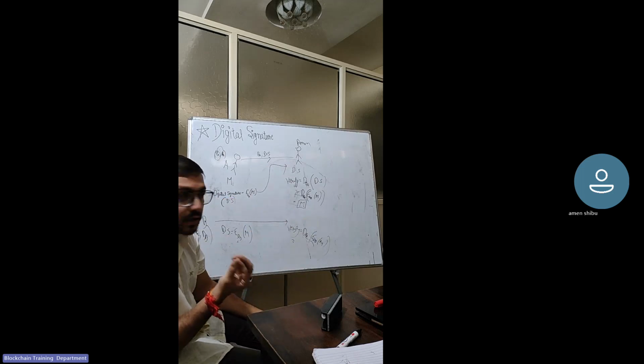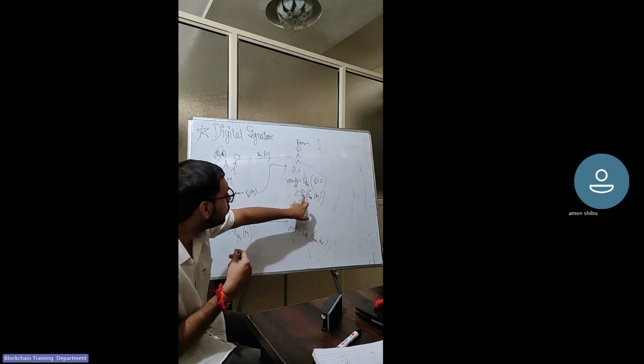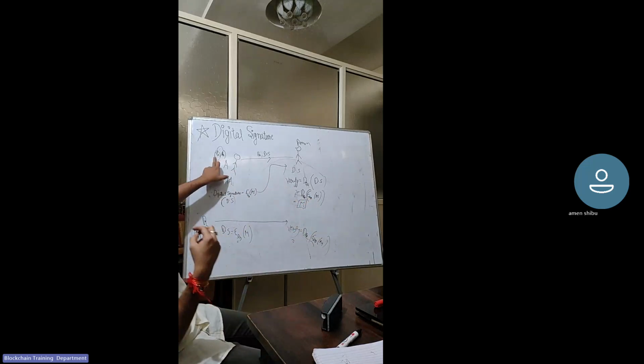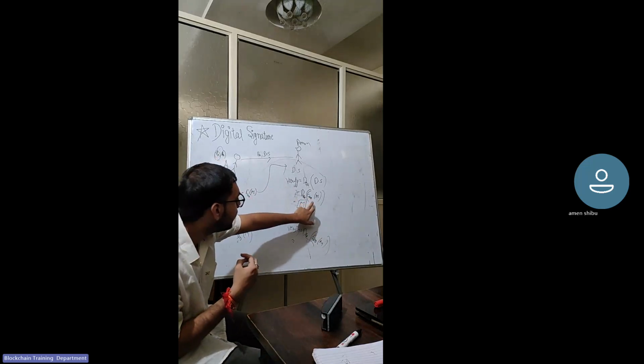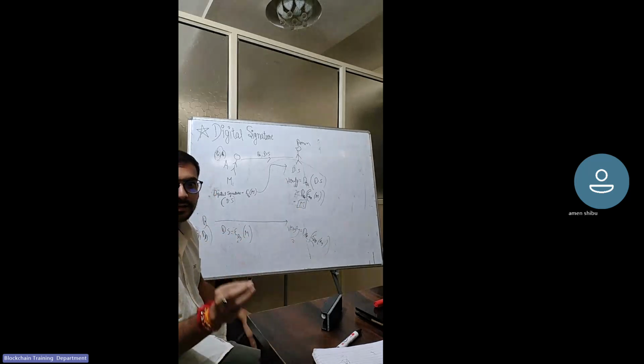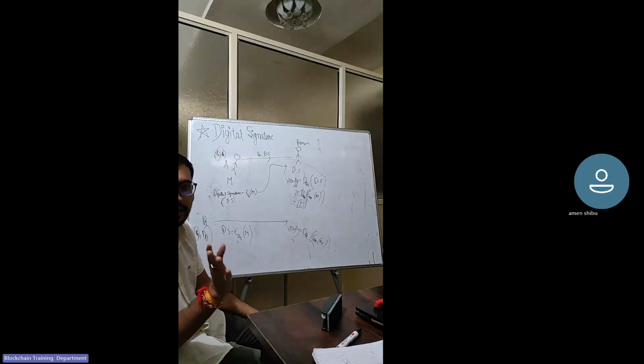How will you do verification? By using the public key of A. So you will decrypt the encrypted message using the public key PA and DA. Then you'll get the message. Then you can check: yes, this is the digital signature done by A.